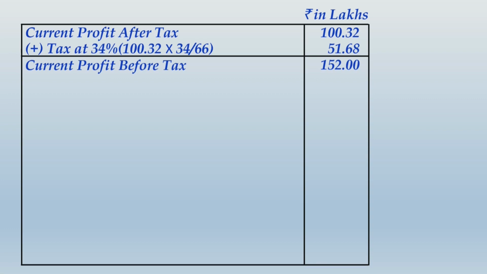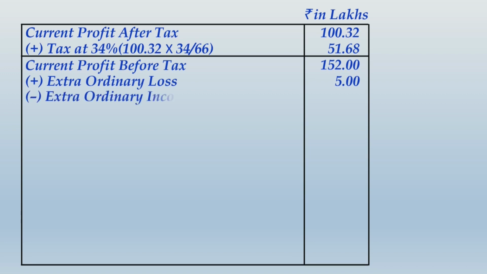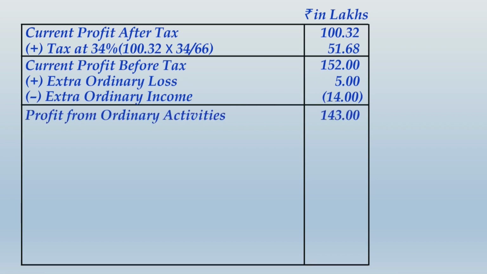As a result, we need to nullify the effect of extraordinary items. So, extraordinary loss which was already deducted, we will add it back because this is not expected to arise in future, and extraordinary income which was part of your profit should be excluded because this is not expected to recur in the future. So, profit from ordinary activities is obtained as 143 lakhs.